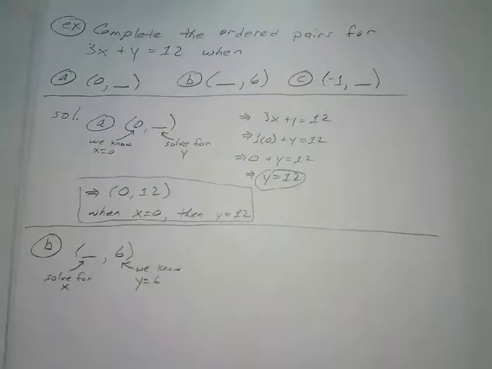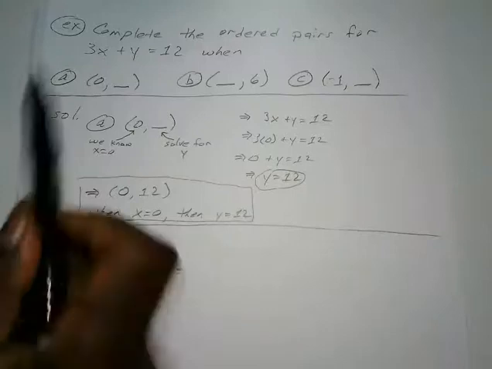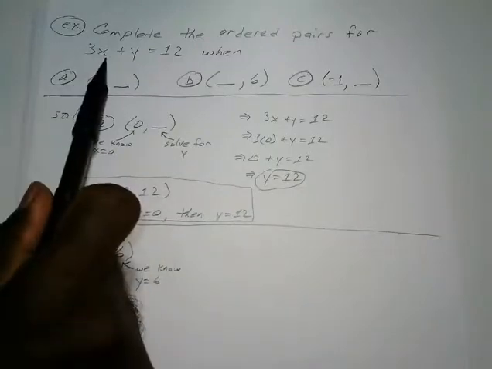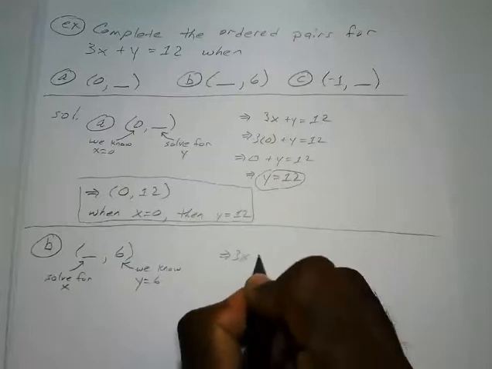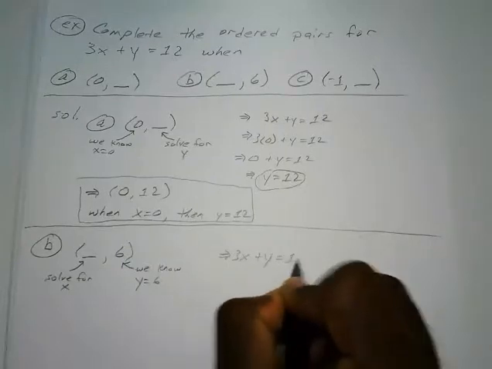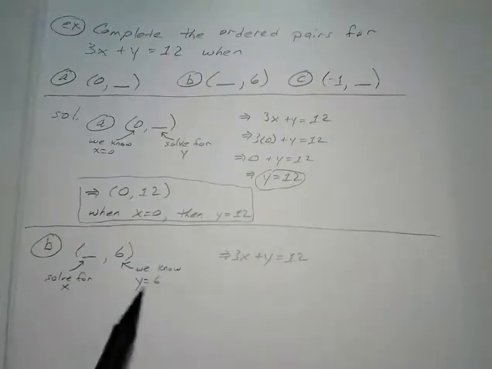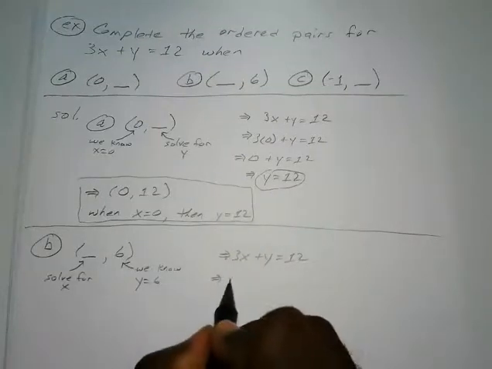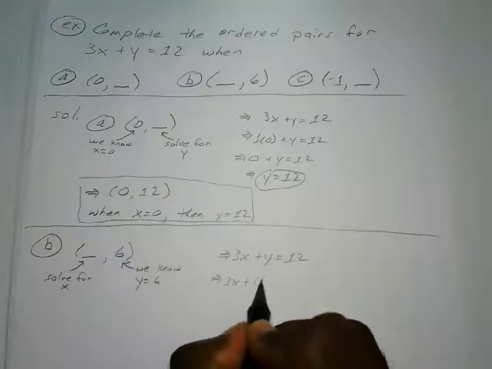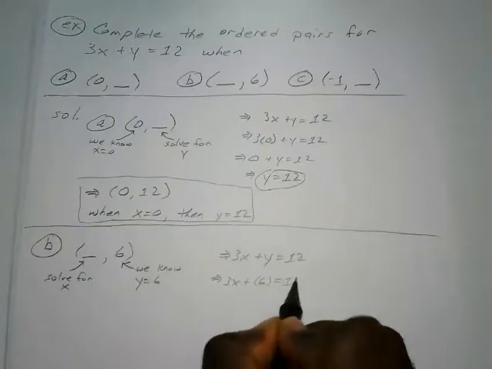That's our unknown. All right, so once again, we're starting off with 3x plus y equals 12. And since we know that y is equal to 6, that's 3x plus 6 equals 12.